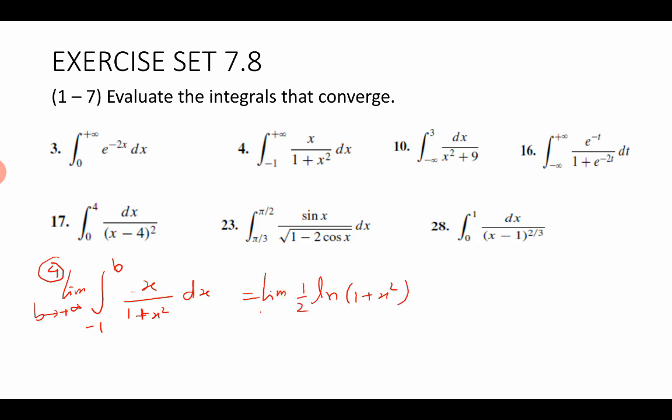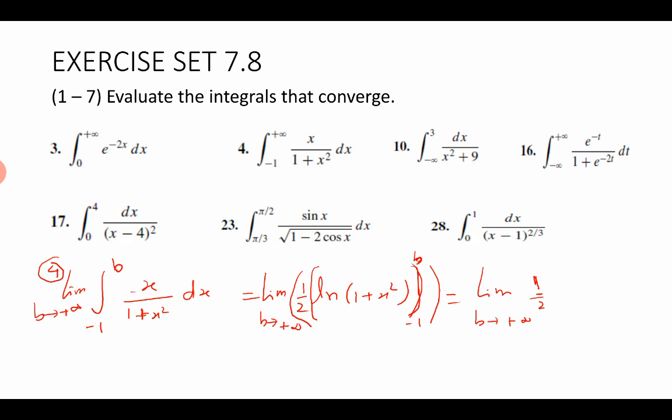And now take the limit b goes to positive infinity. The limits of this integration are negative 1 to b. So in the next step we will write limit b approaches positive infinity, 1 over 2.